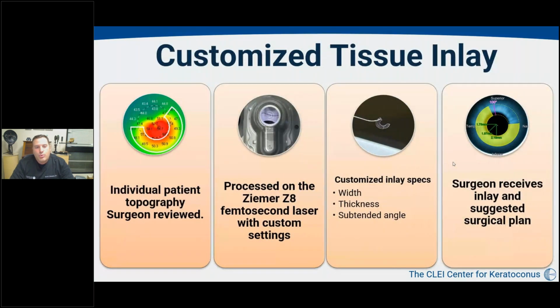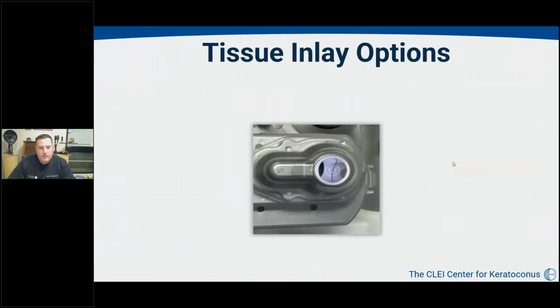But really what separates CTAK is the process of going from a patient's corneal topography to cutting the inlay with the femtosecond laser, customizing that inlay based on the corneal topography, the width, the thickness, the arc length, and then providing each surgeon with an individualized surgical plan for each patient to place these inlays.